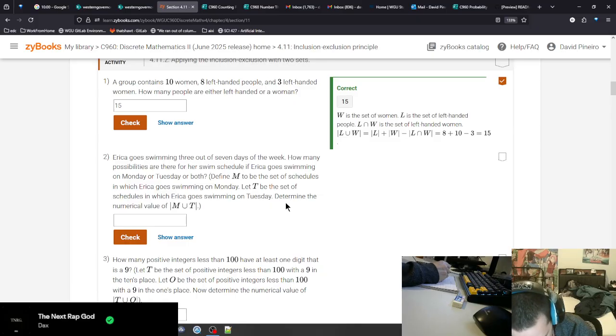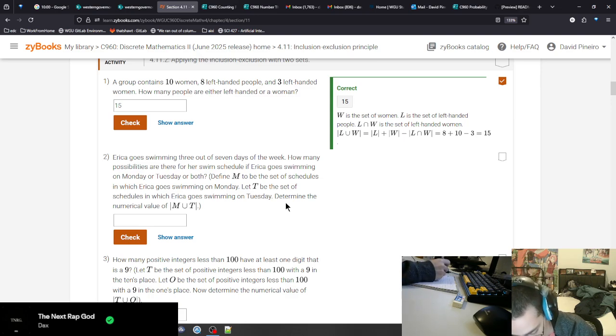15? Okay. And that's M, so T, Tuesday, I'm assuming is the same thing, because you're still just picking one day. So T is 15 as well. And their intersection is gonna be, I guess, 5 choose 1, because she picked 2 days to swim already, so she only has 1 day left, so that's just 5.